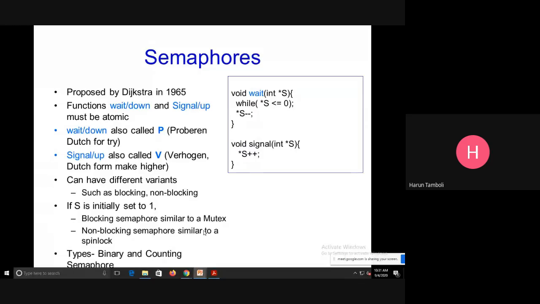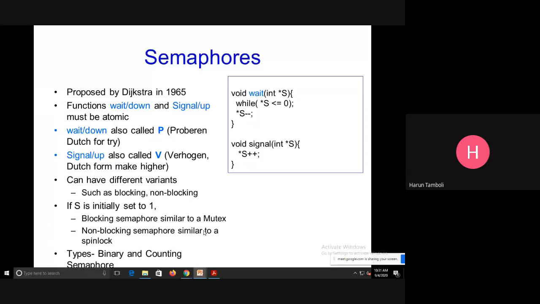Generally, the binary semaphore is implemented when a single instance of a resource is present, whereas the counting semaphore is implemented if multiple instances of the resource are present. For example, we can consider a printer. If there is only one printer, then we can use a binary semaphore.